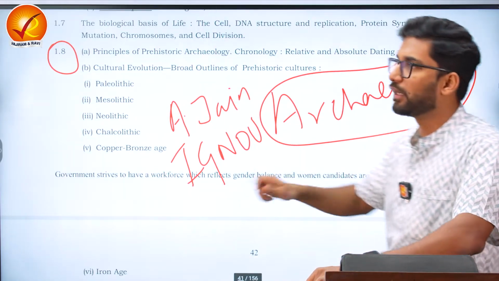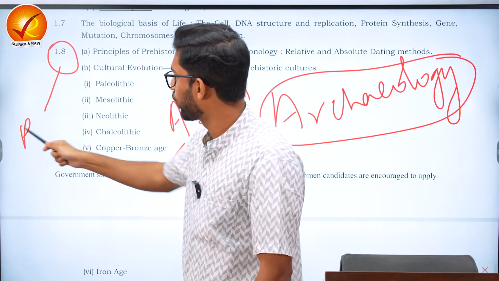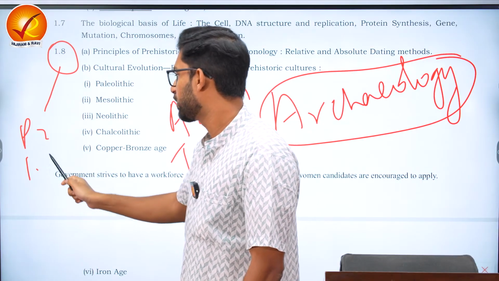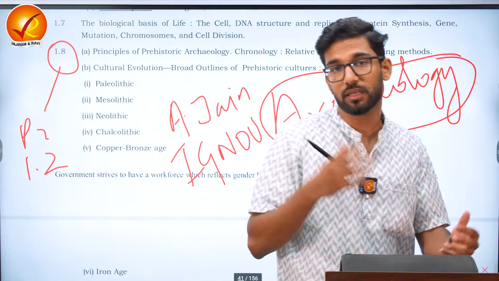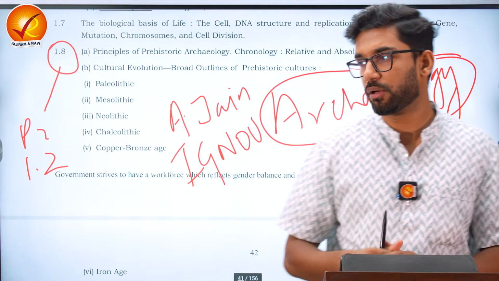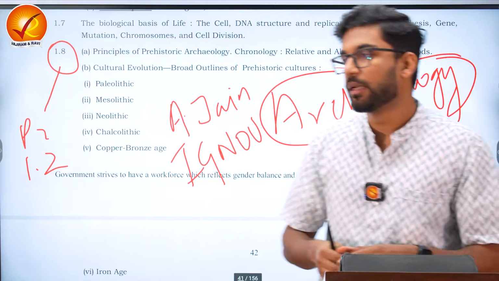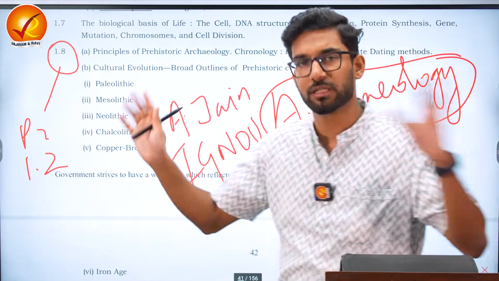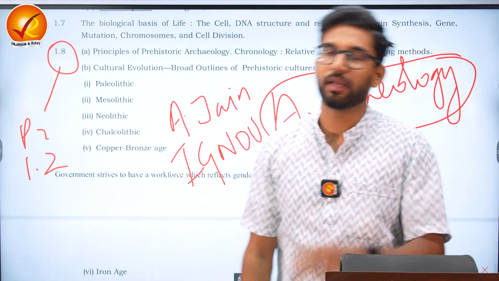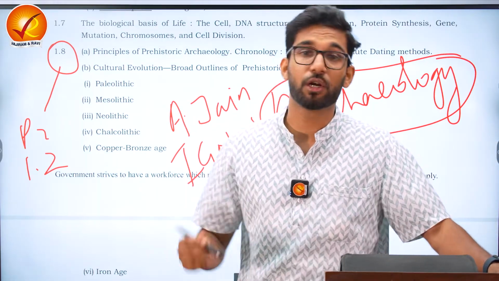Do 1.8 really good. Now, there is another part that is connected to it, which is paper 2, 1.2, I guess, which deals with Indian archaeology, or archaeology in India, and all of these periods within the Indian subcontinent. That is, again, much bigger than 1.8. It is a much vaster thing. Again, heavy on knowledge, heavy on content, difficult to memorize.